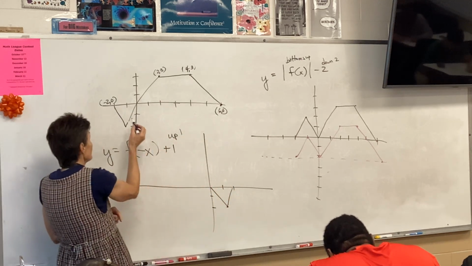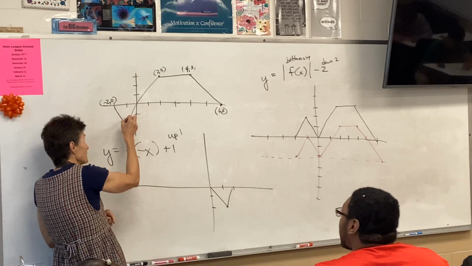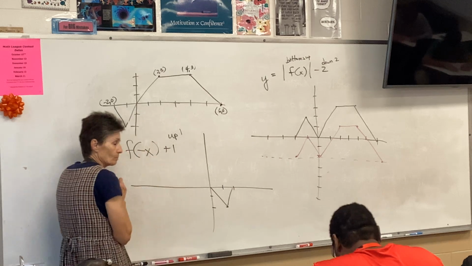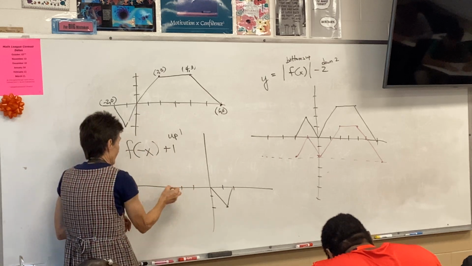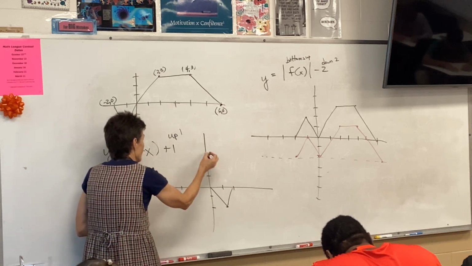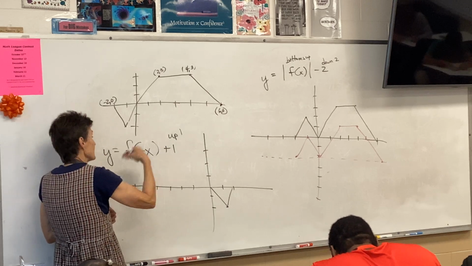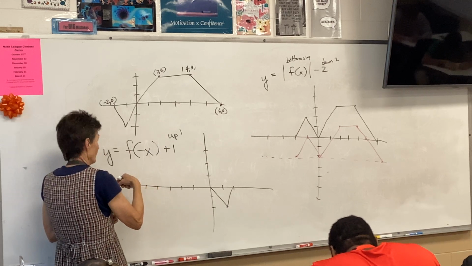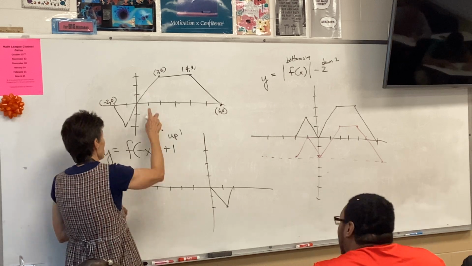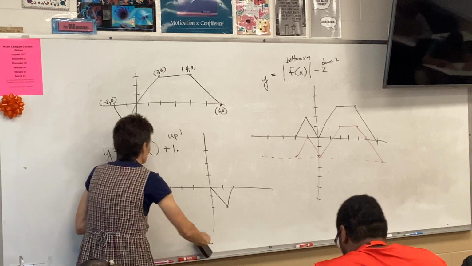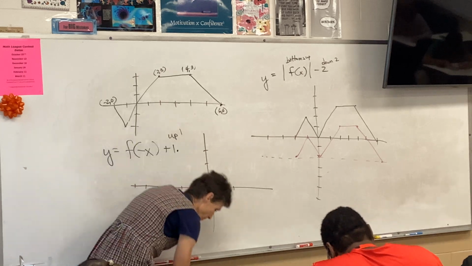So instead of going left 1, down 2, I'm going to go right 1, down 2. And then the same thing with the trapezoid, only it's going to show up on the left. So instead of going right 2, up 3, I'll go left 2, up 3. I have to erase my problem.